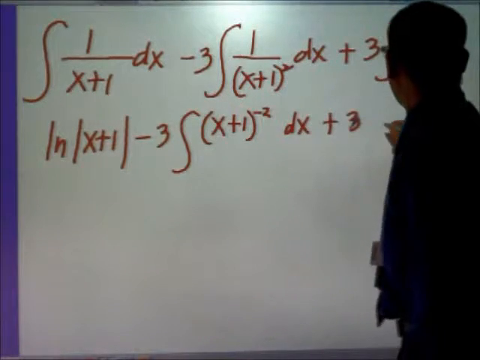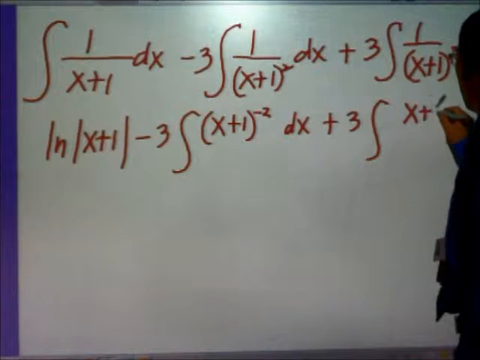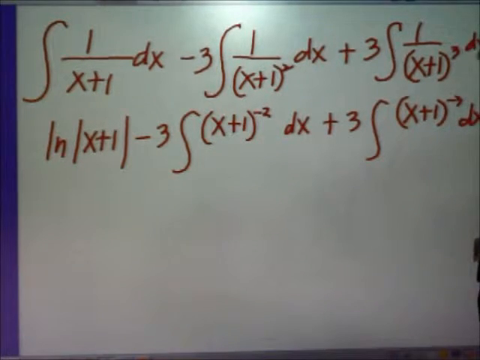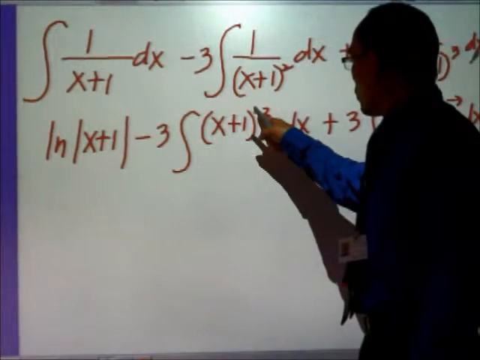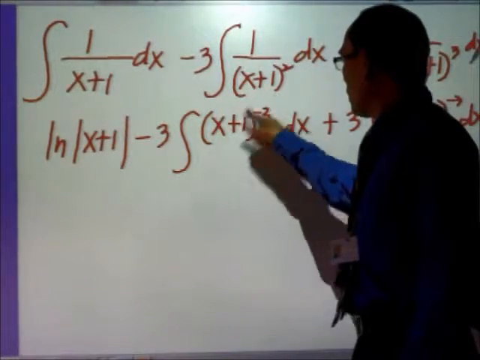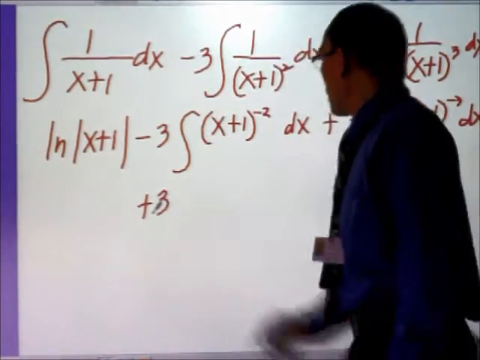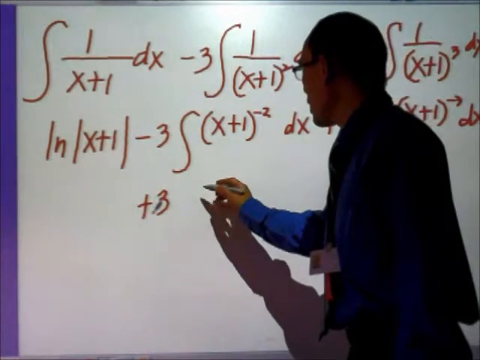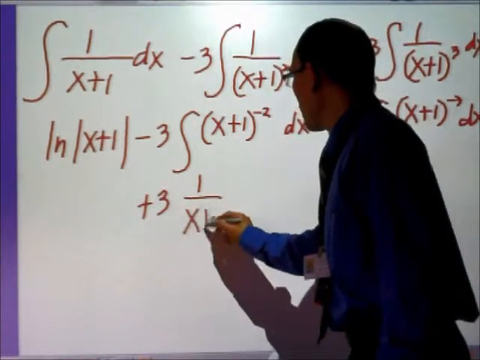And we can also write this as the integral of (x plus 1) to the power of negative 3 dx. Now, we have a negative exponent, so add 1, that's negative 1, divided by negative 1, this becomes positive. And now, because the exponent becomes negative 1, we can write this as 1 over x plus 1.